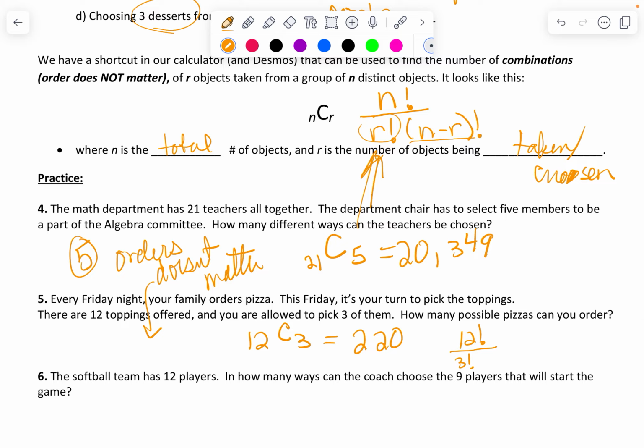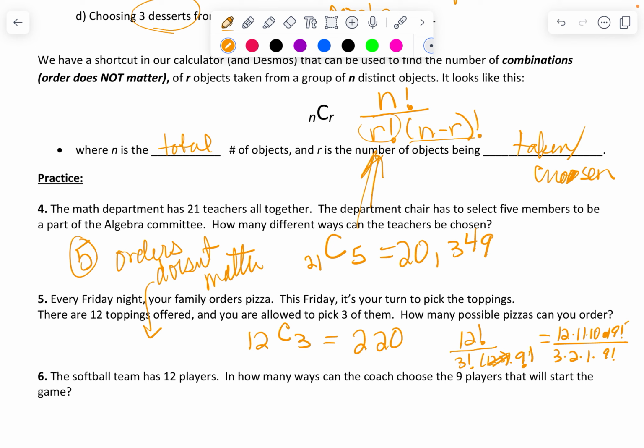If you wanted to do it the long way, it would be 12 factorial over 3 factorial times, we don't care what those other 9 toppings are doing because they're not going on our pizza. So that's the 12 minus 3 factorial, or 9. So then you would have to go 12 times 11 times 10 times 9 factorial. That was a times. And then you have 3 times 2 times 1 times 9 factorial.